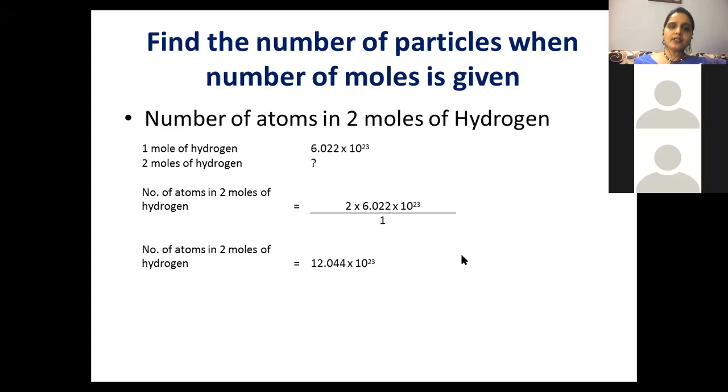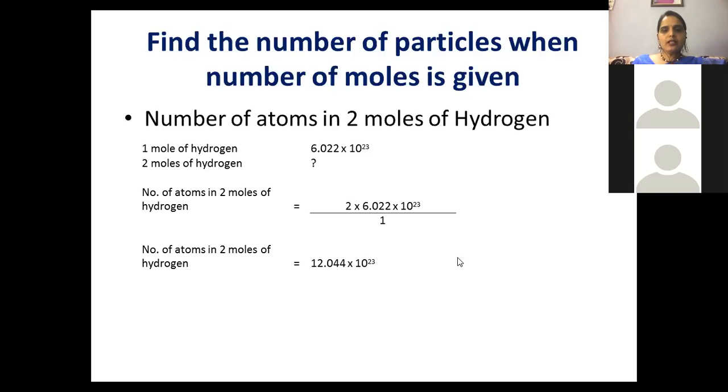Otherwise, the approach you take is to memorize the formula: if I have to find the number of particles and the moles are given, I have to use so and so formula. Memorizing and recalling sometimes makes things a little difficult. But once you understand that this is simply the unitary method, it becomes easier.